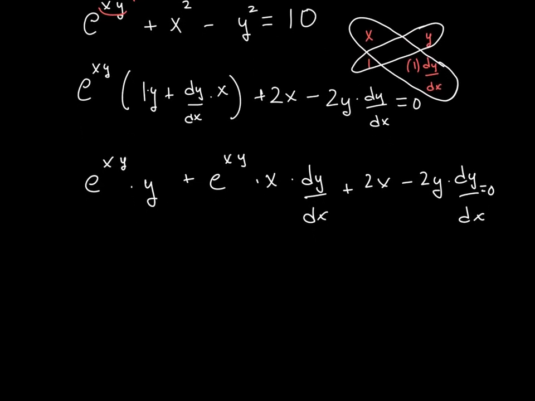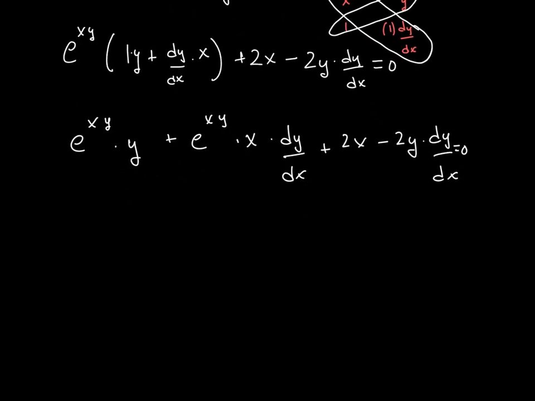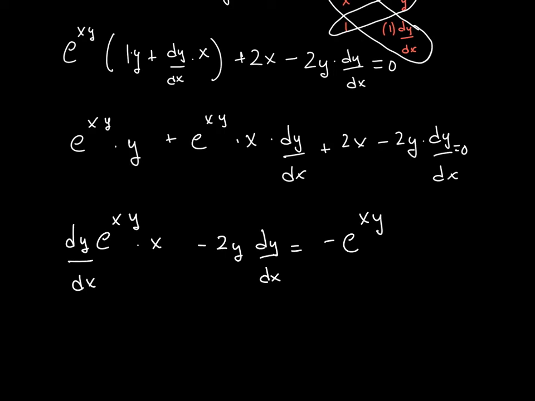Now I keep all of the dy dx terms on one side and move everything else over. So now I'm left with e to the xy times x. I'm going to move the dy dx up front. Minus 2y dy dx is equal to negative e to the xy times y minus 2x.